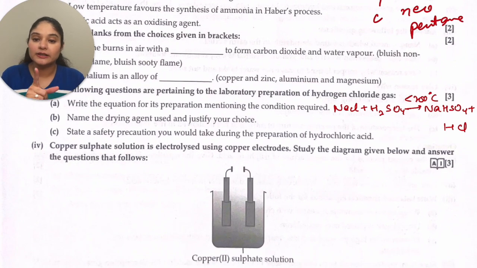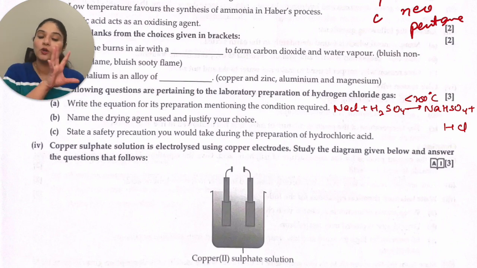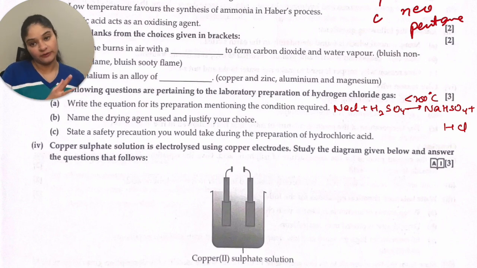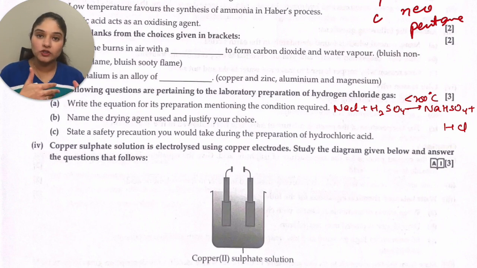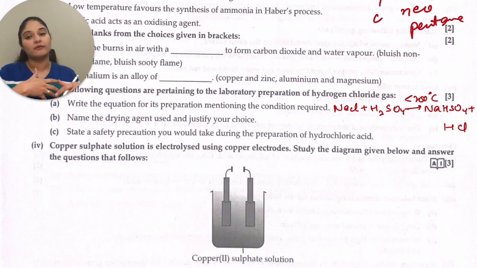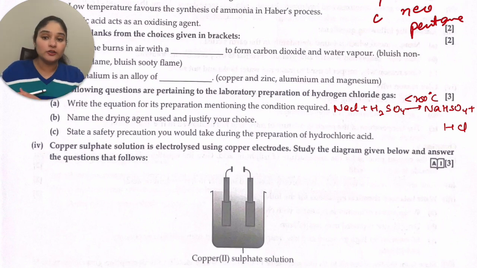Next is, state a safety precaution you would take during the preparation of hydrochloric acid. When in the entire process you are also making the acid towards the end, then you use an inverted funnel arrangement. And why do you use it? That is because HCl is highly soluble in water, and the speed with which it dissolves in water is comparatively higher than its production.